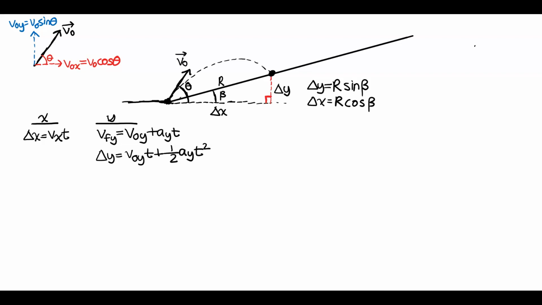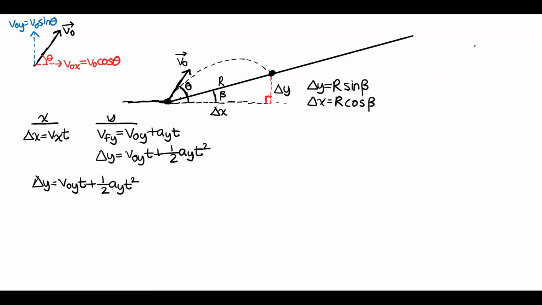Now, what can we do? Delta y equals v naught y t plus 1/2 a y t squared. Isn't that correct? That should be correct, right?